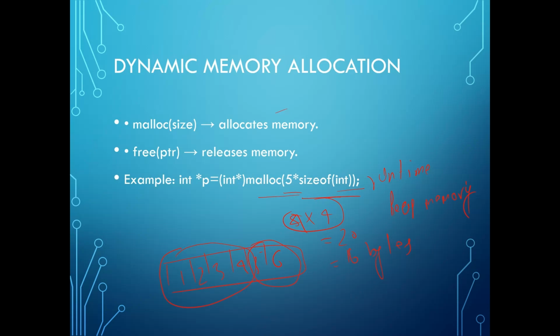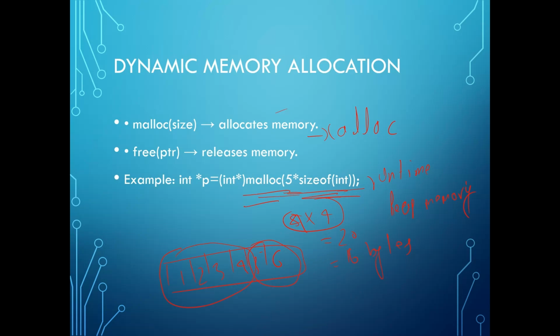In dynamic memory allocation, malloc is used to allocate a single block of contiguous memory on the heap at runtime. That's why we use malloc here. Coming to the second thing, calloc. Why do we use calloc? Calloc stands for contiguous allocation.